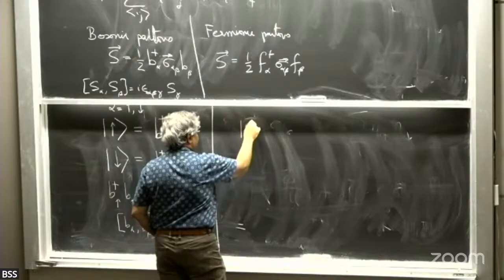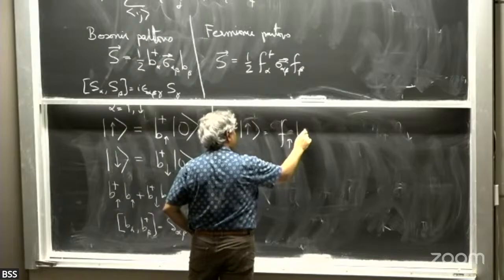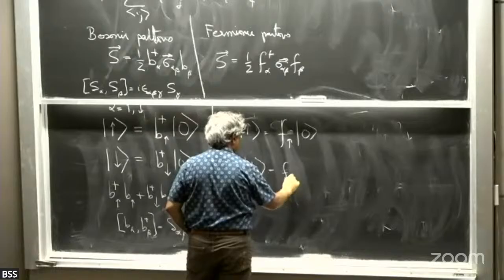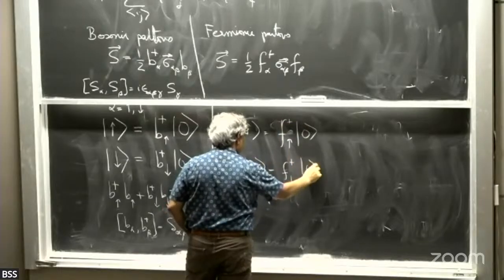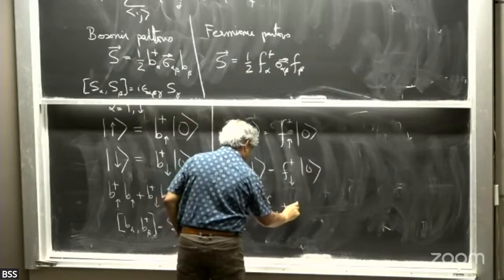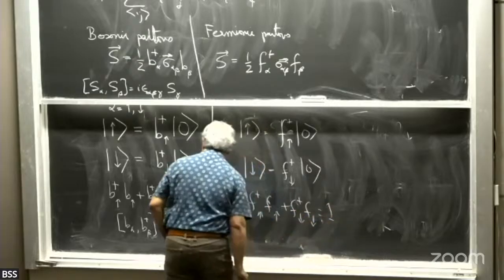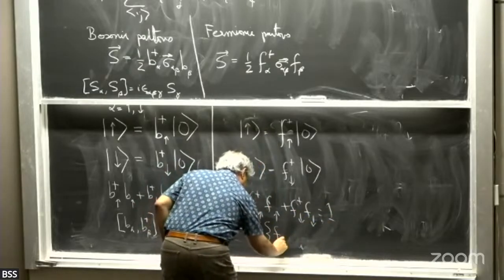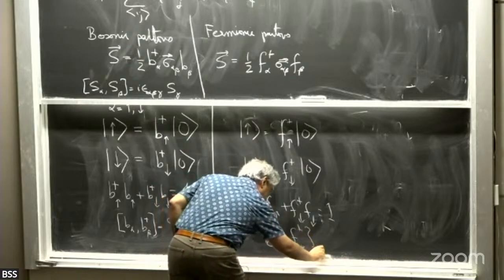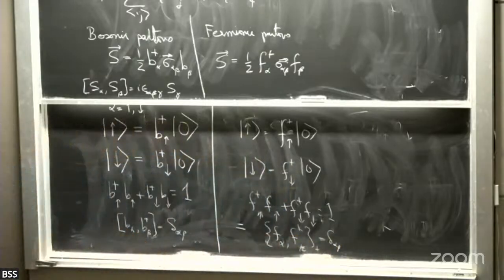The up state is a fermion, and everything else is the same: F dagger up F up plus F dagger down F down equals 1. And these have the fermion anti-commutation relation: F alpha and F dagger beta anti-commute. Okay, and these are both exact representations.